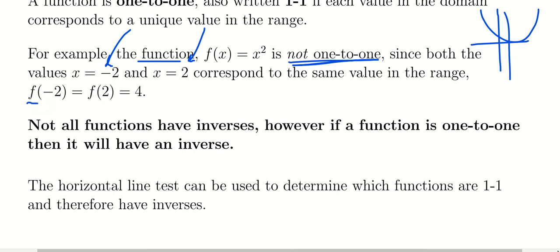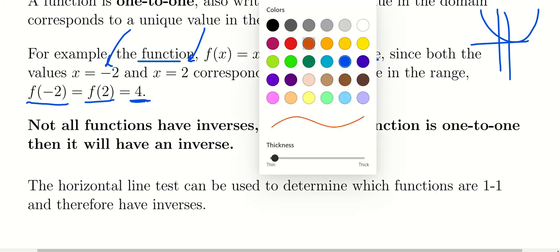If we plug -2 in, we get (-2) squared, which is 4. And if we plug 2 in, we get the same output of 4. So that means we have two values of x that produce the same output. And because of that, f is not one-to-one. Okay? Visually, it would fail what we call the horizontal line test.